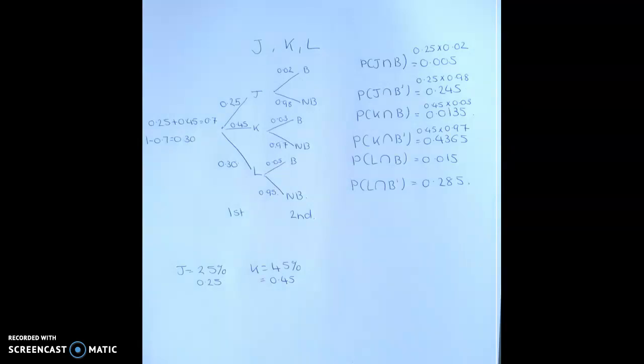Okay, so we've completed our first part and we've drawn the tree diagram. We've illustrated all the possible outcomes and we've also listed the appropriate probabilities. So now it asks us that a biscuit is selected at random. Calculate the probability that the biscuit is made by machine J and is not broken.